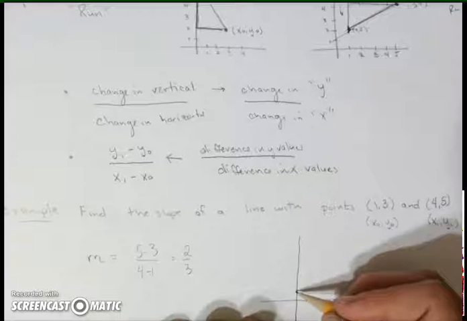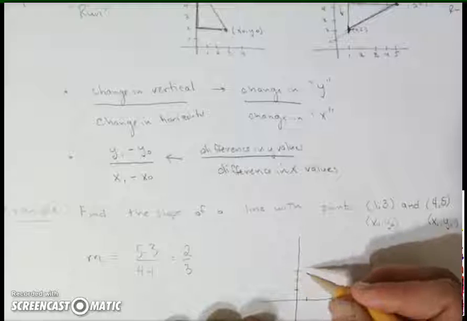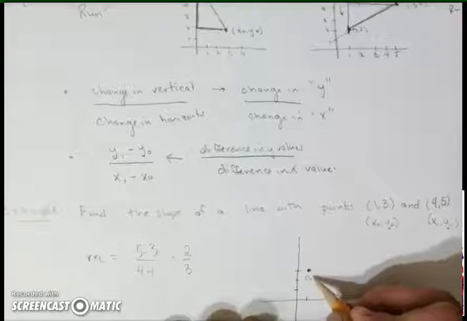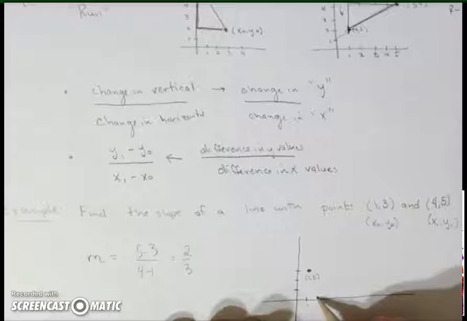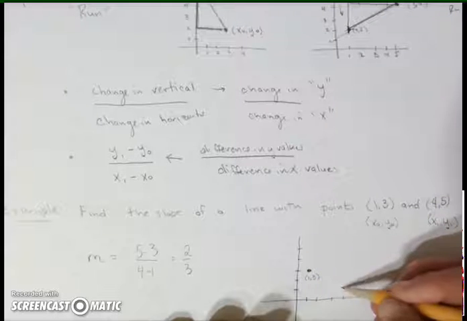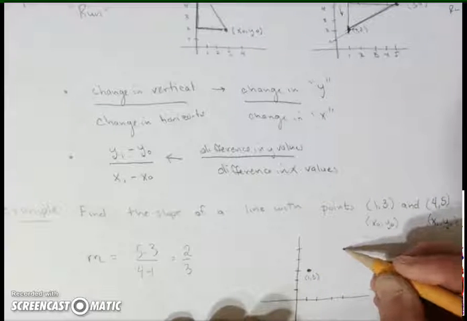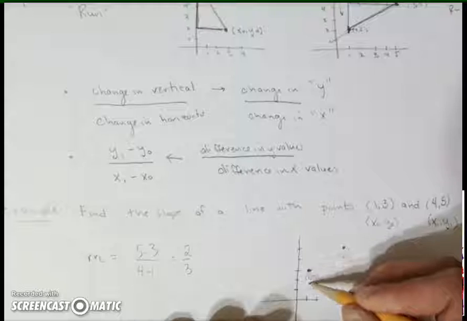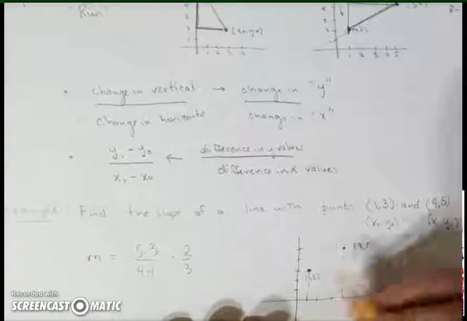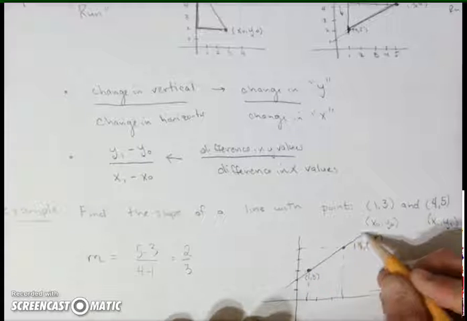So here's 1, 1, 2, 3, that's the first point on my graph. This is (1, 3), and then I also have (4, 5). So (4, 5) is the second one I've graphed, and my line goes through both of these points.